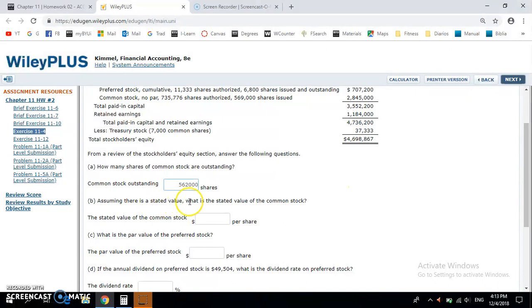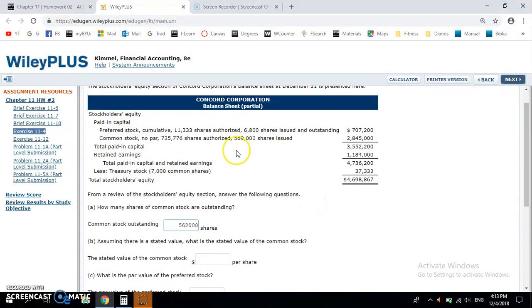Assuming there is a stated value, what is the stated value of the common stock? Okay, so common stock, as you can see here, says no par. That means there's no par value, but there could be a stated value. So that's what they're telling us, that there is one. If we assume that there was a stated value, the only value that you can put in this account is the par value or the stated value.